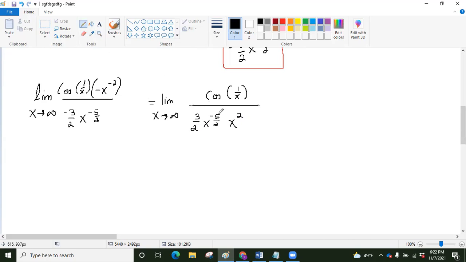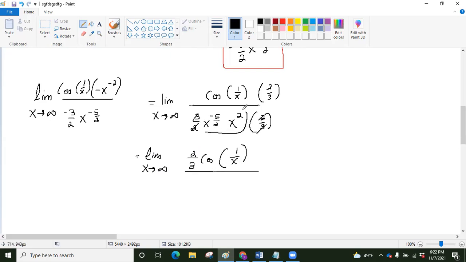And maybe I will bring the 3 over 2 to the top by multiplying by 2 over 3. This would cancel out with this, and this would cancel out with this. So I'm really left with the limit as x approaches infinity of 2 over 3 cosine of 1 over x divided by, so I'm multiplying both of these, and if you remember, x to the a times x to the b is x to the a plus b.